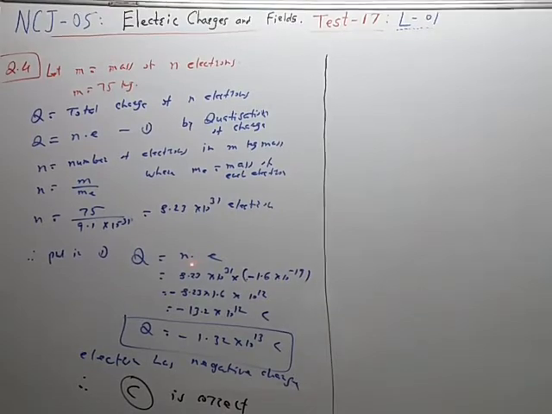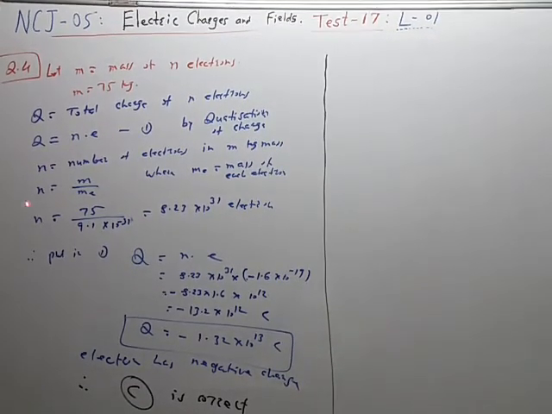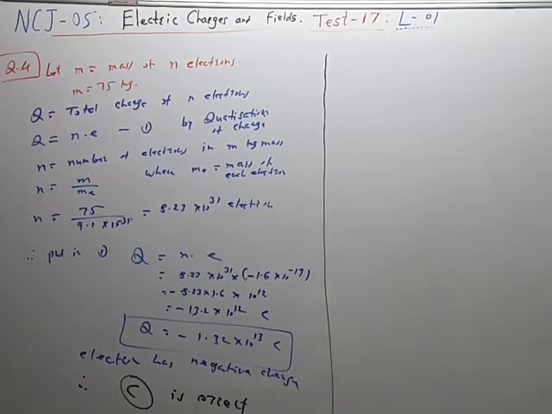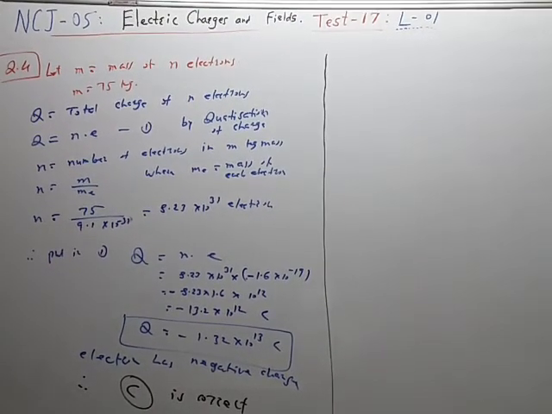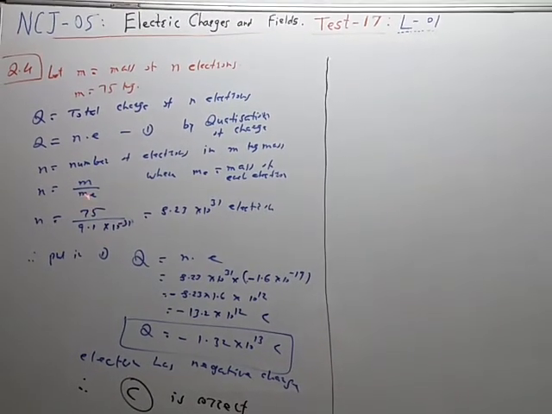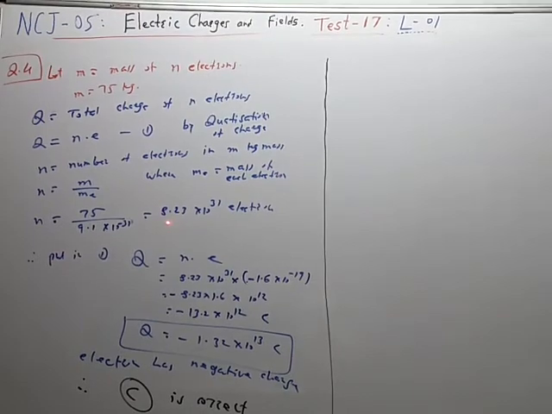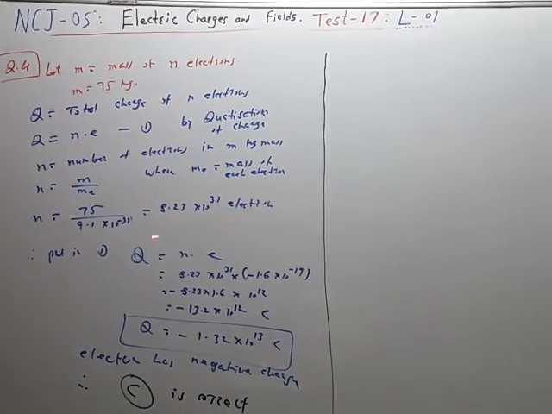N is the total number of electrons present in m kilogram mass, therefore N is equal to the total mass of the bunch of electrons divided by the mass of a single electron. It is not given, so we should put this constant directly: 9.1 into 10 to the minus 31 kilogram is the mass of each electron, and this is 75 kg. Both should be in the same unit, and therefore the number of electrons is equal to 8.23 into 10 to the 31. You can check this value by log or by calculator.